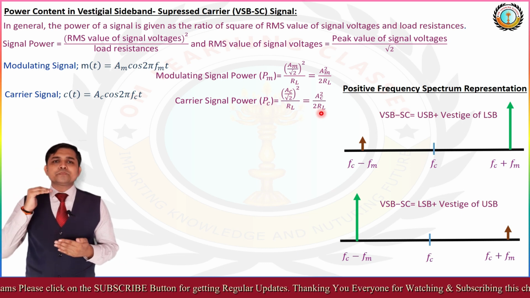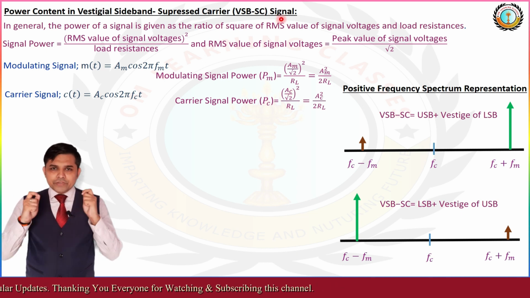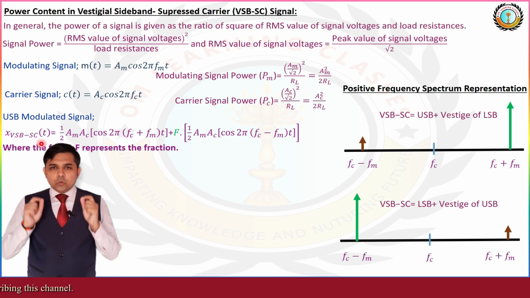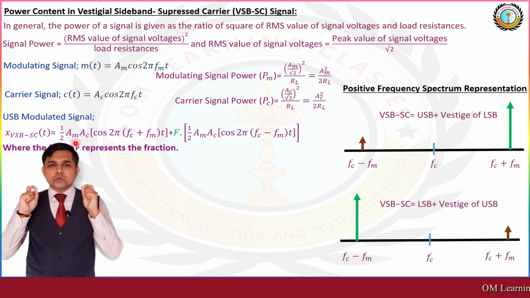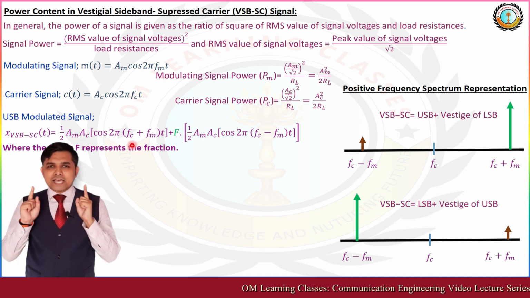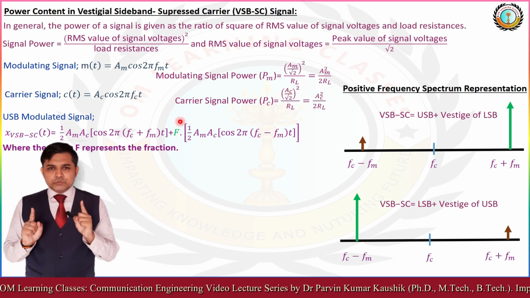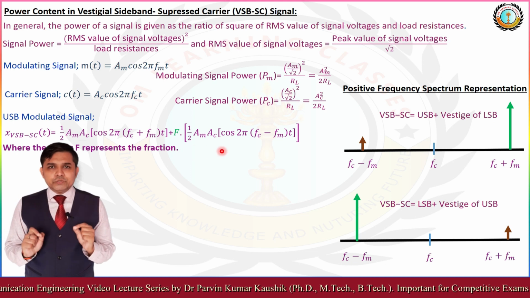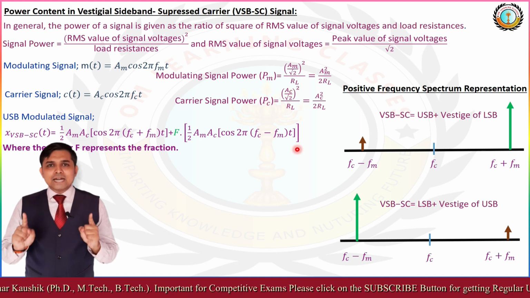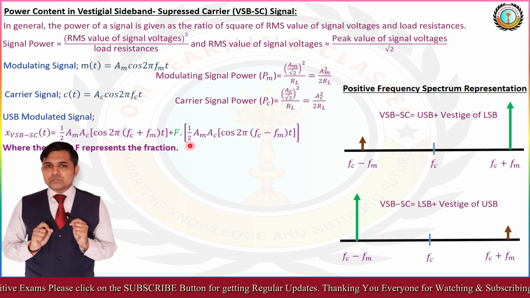As per the representation of the VSBSC signal, we have the USB modulated wave, which is equivalent to 1 by 2 into Ac into Am into cos 2 pi (fc plus fm) t, plus f times (1 by 2 into Am into Ac cos 2 pi (fc minus fm) t).